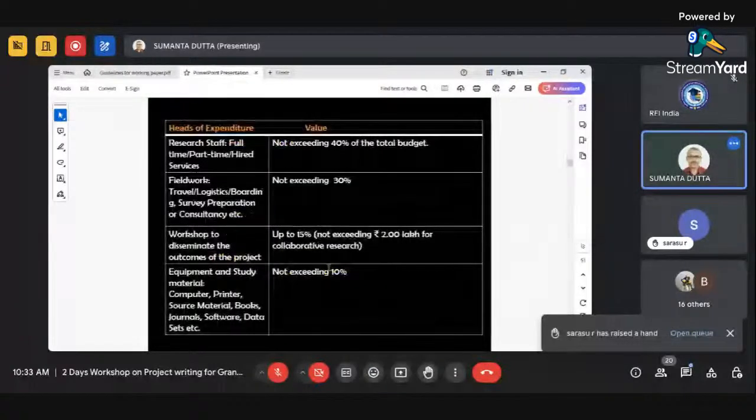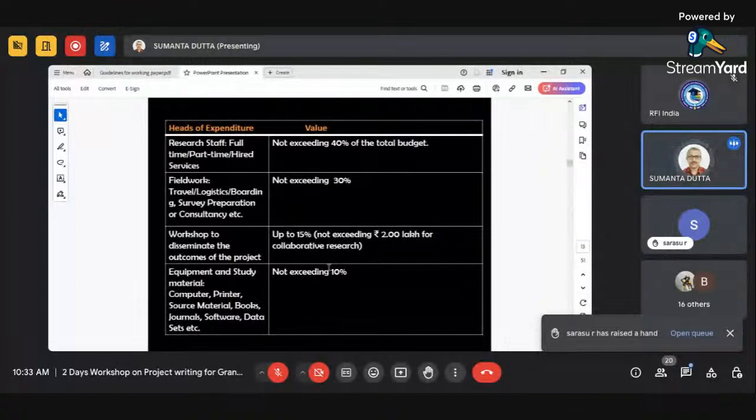Now you can ask me one question: a project is not possible without the help of equipment, so we need some amount to be allocated for different purposes. ICSSR has very clearly articulated the way you can split the entire expenditure according to your estimated budget under the following heads.